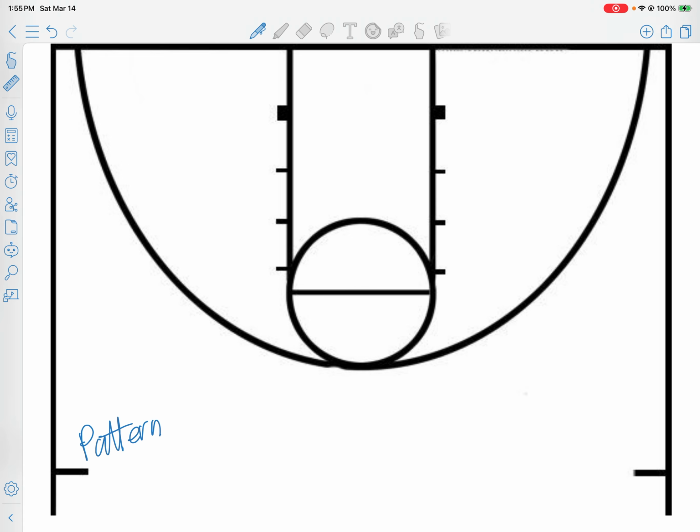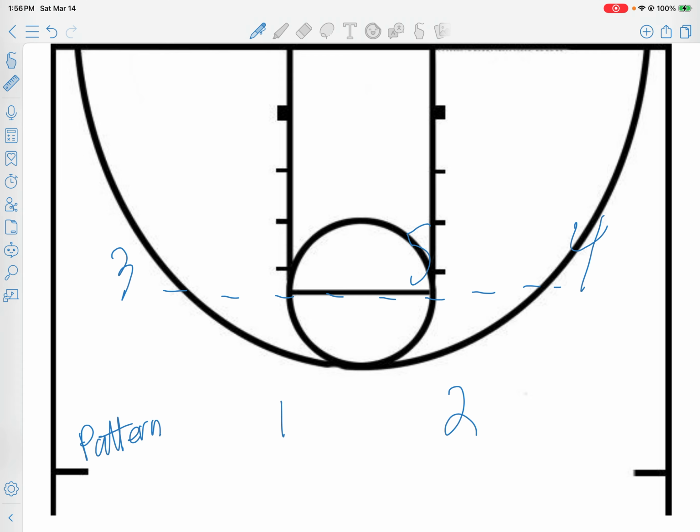In our offense, let's just use a 2-3 setup, right? A lot of times kids stay comfortable around the free throw line because generally that's where a lot of action is going to start to happen.